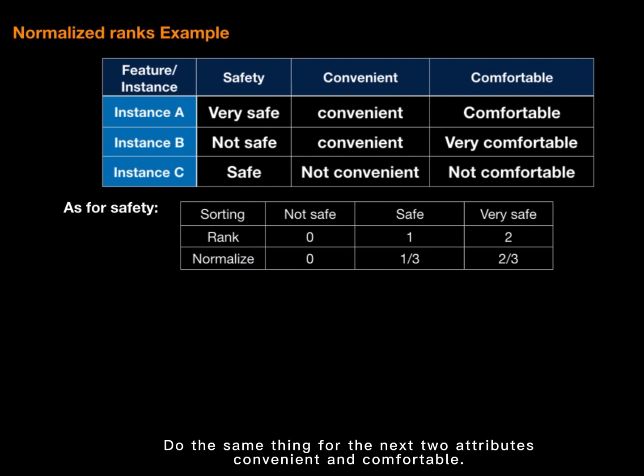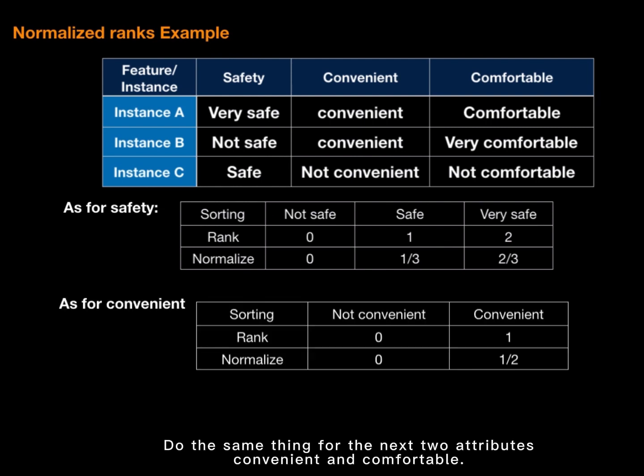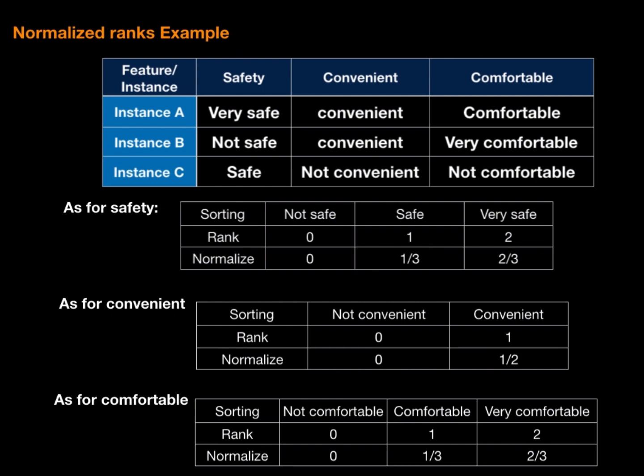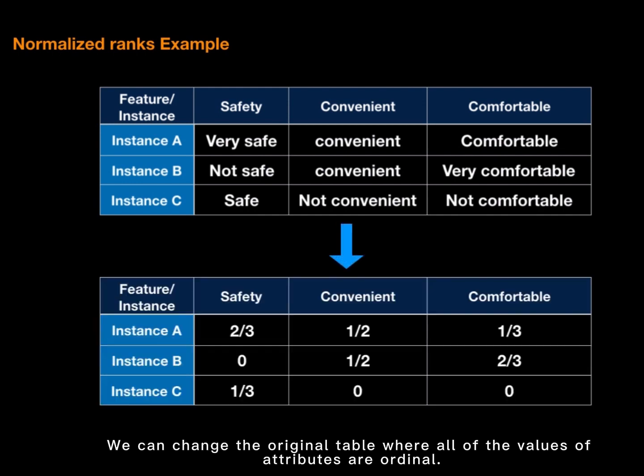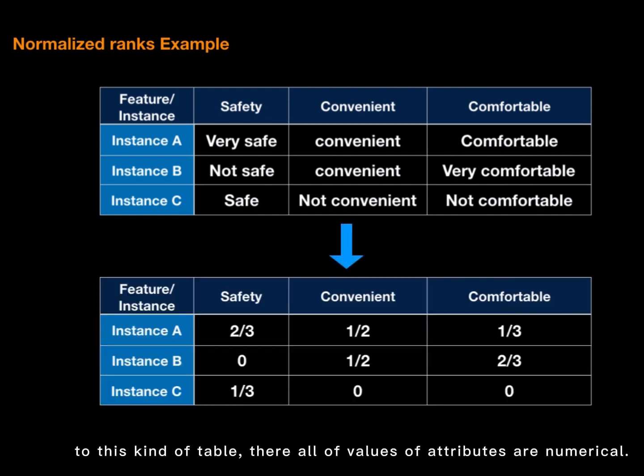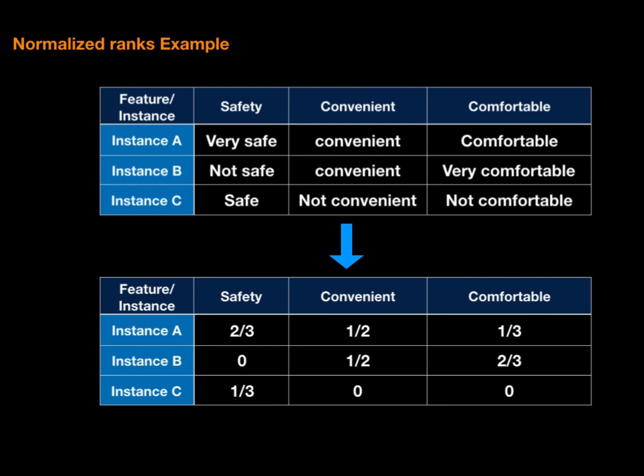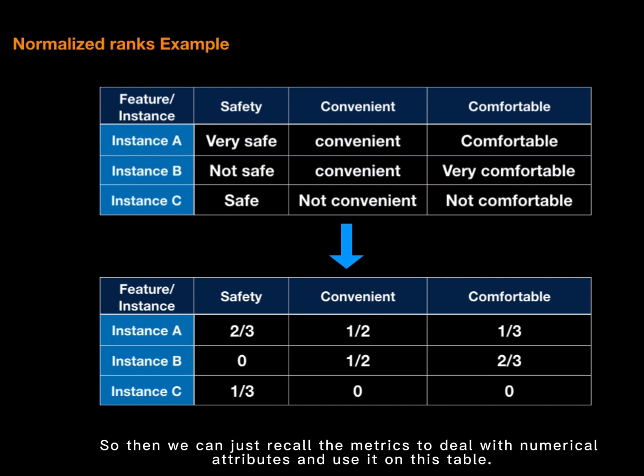Do the same thing for the next 2 attributes, convenient and comfortable. After getting these 3 tables, we can change the original tables, where all of the values of attributes are ordinal, to these kinds of tables. There, all of the values of attributes are numerical. So then we can just recall the metrics to deal with numerical attributes and use them on this table.